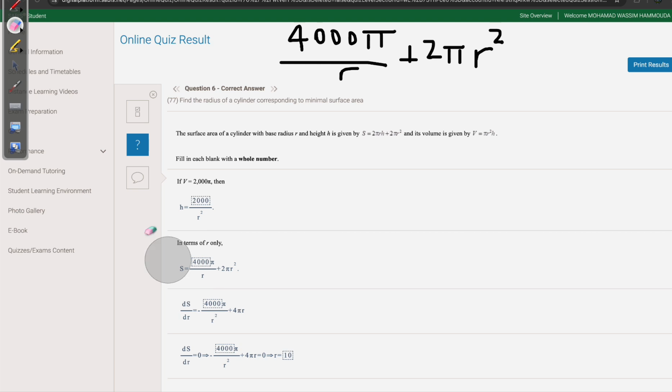we found the answer. Now in part C, they want us to derive. We knew that by seeing ds by dr. So we're gonna derive.